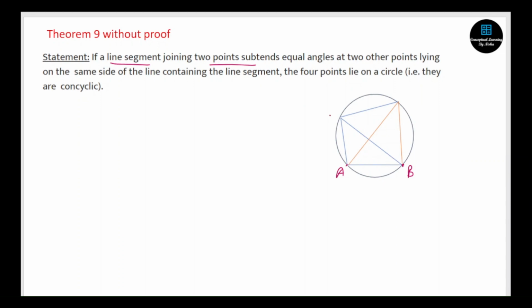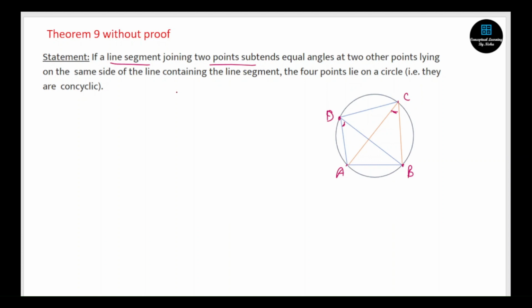Now, they subtend the angle. Let's say this is C and this is D. So angle ACB. This chord subtends the angle ACB, and also it subtends the angle BDA. Now, we just learned that ears of the cat are equal.